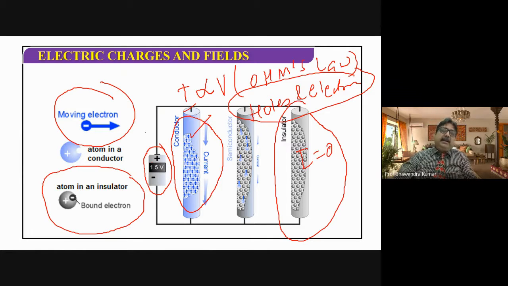But primarily the difference between conductor and semiconductor is that although the semiconductor is allowing the current to flow, it does not obey Ohm's law. So the semiconductor will not obey the Ohm's law, conductor will obey the Ohm's law. I hope the difference is clear.